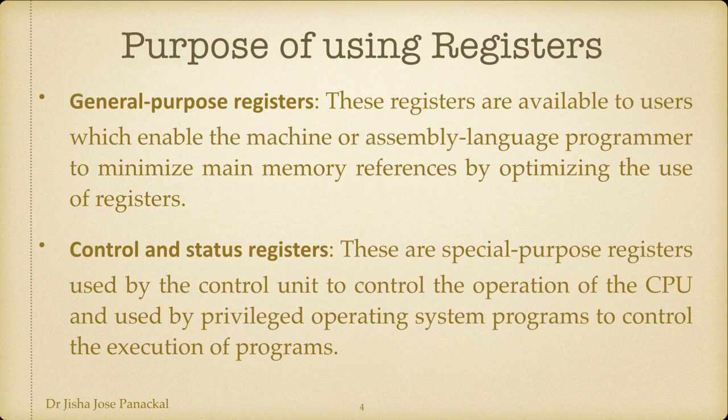Control and status registers are used by the control unit to control the operations of the CPU, and used by privileged operating system programs to control the execution of programs. So these are some privileged registers that are used by the control unit as well as the operating system for specific purposes.